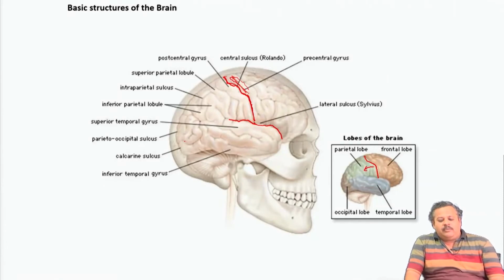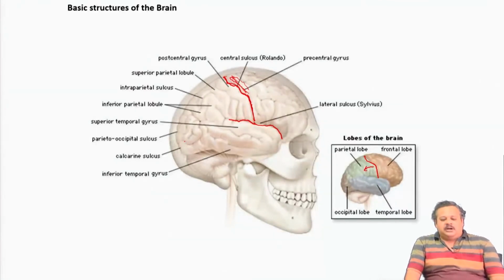Within the temporal lobe, the parietal lobe and the frontal lobe, there are many different gyri, each of which contains various different structures or processing centers. For example, the superior temporal gyrus contains the area that processes auditory information.